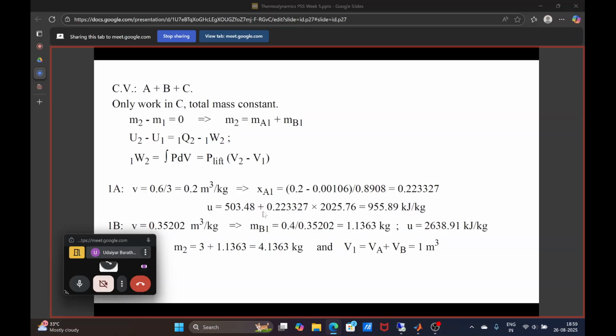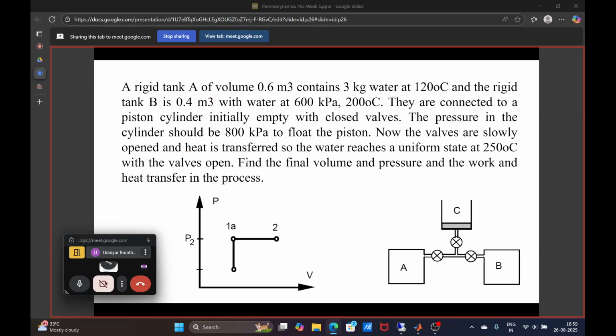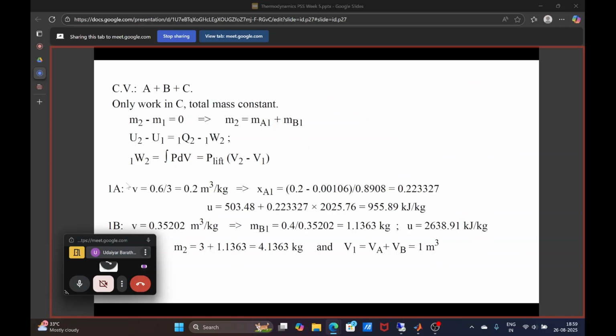Using that, for this condition of 120 degrees Celsius, we estimate the dryness fraction using the saturated liquid and saturated vapor specific volumes, and it comes out to be 0.223327. And similarly, the internal energy at that point comes out to be 955.89 kilojoule per kg.